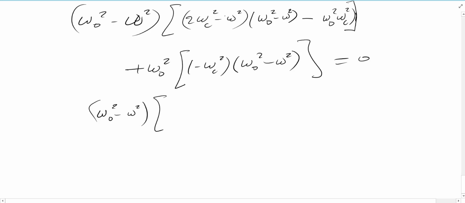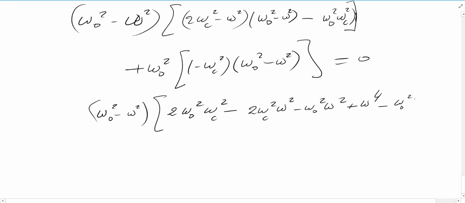So I have 2 omega c squared omega naught squared, and I'm going to get in the habit of writing omega naught squared first and then omega c squared, plus, or minus I should say, 2 omega c squared omega squared, these two terms, plus minus omega naught squared omega squared, minus times minus, that's plus omega to the power 4, minus omega naught squared omega c squared, which is one of them is already here, which is going to be cancelled.